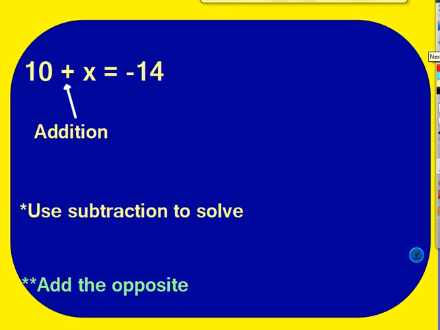Keep in mind, for every equation that you solve, what you do to one side of the equation, you must do to the other. The next example illustrates addition. 10 plus x equals -14. Will we use subtraction to solve?